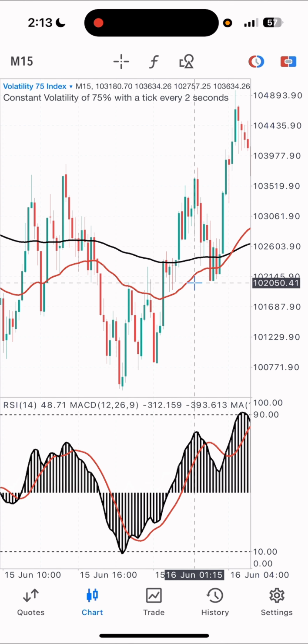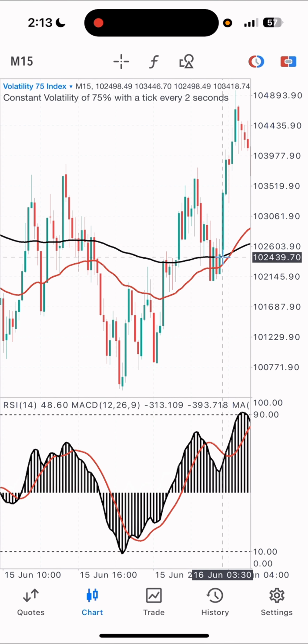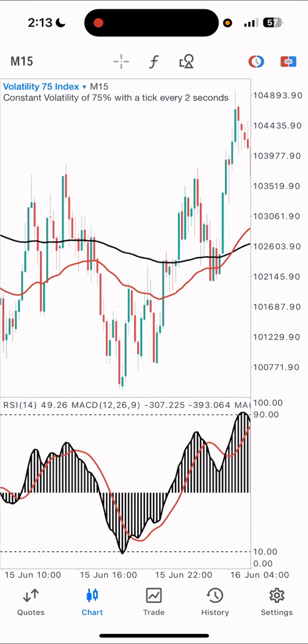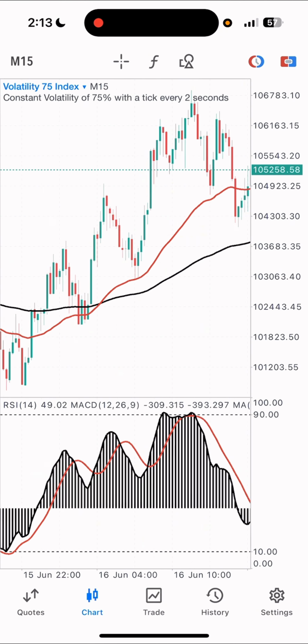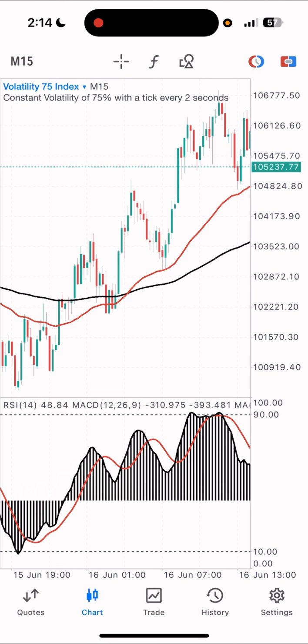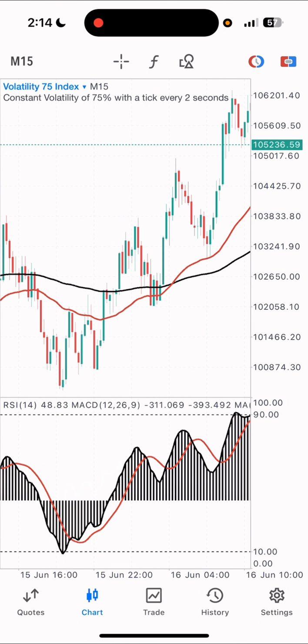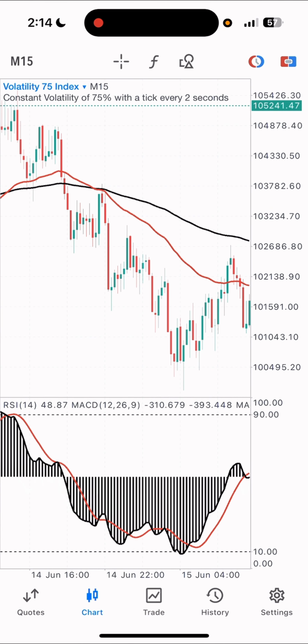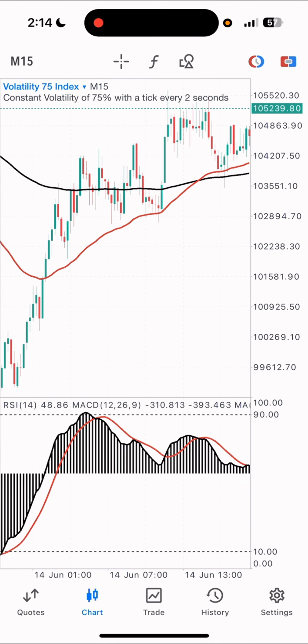From here, the red moving average crosses above the black moving average, and there was a good amount of buy at that point in time.